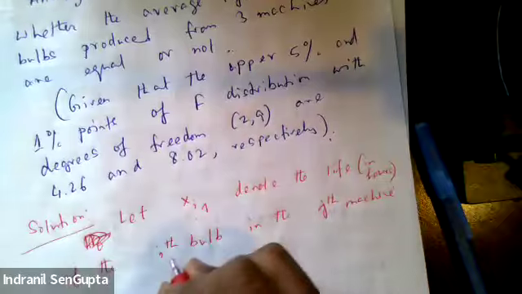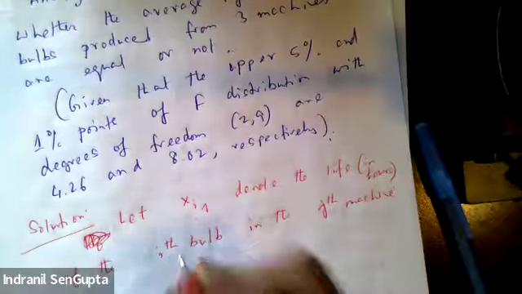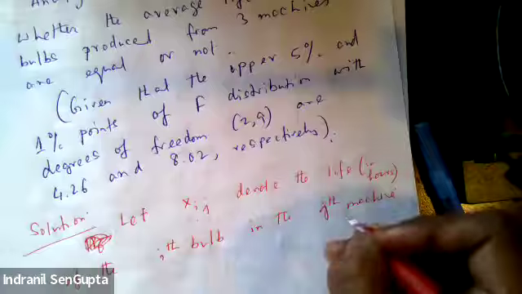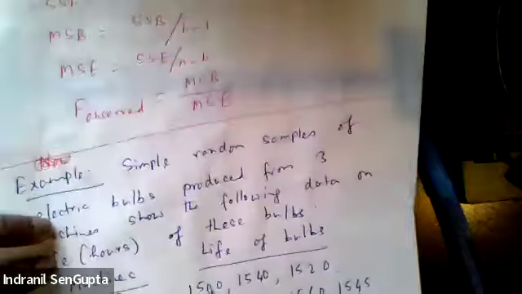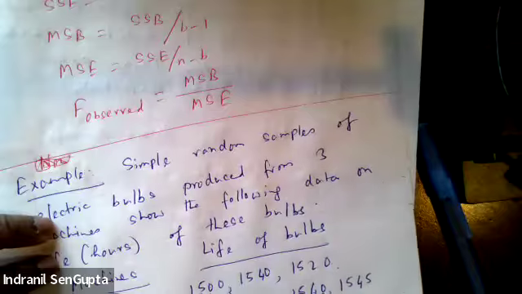How many bulbs are there? For machine 1, there are 3 bulbs. Machine 2, 4 bulbs. Machine 3, 5 bulbs.